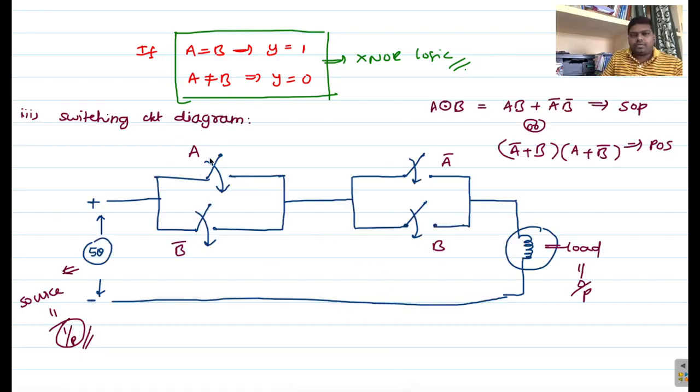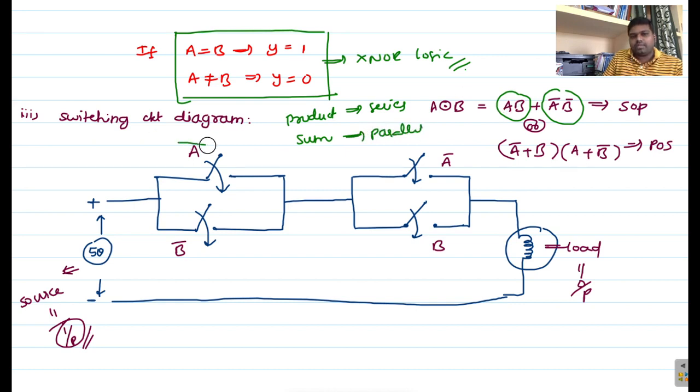So this is your switching circuit diagram. A B bar switches and A bar B switches. If you compare with this logic expression, AB is one product term and A bar B bar is another product term. I already told you that product indicates a series connection and sum indicates a parallel connection. So here AB is the product term.